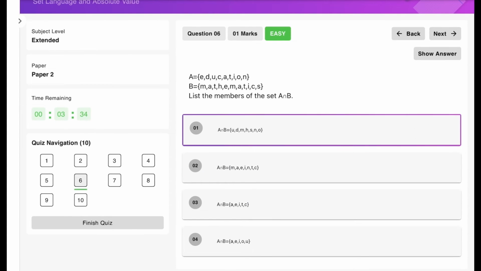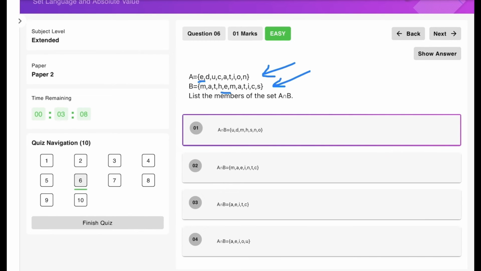All right, next one. A basically is a set with the letters of education. B is filled with the letters of the set which is mathematics. And we have to list the members of the set A intersection B. So basically we're looking at which of these letters overlap in both the sets. So we can see that E is present in both the sets.